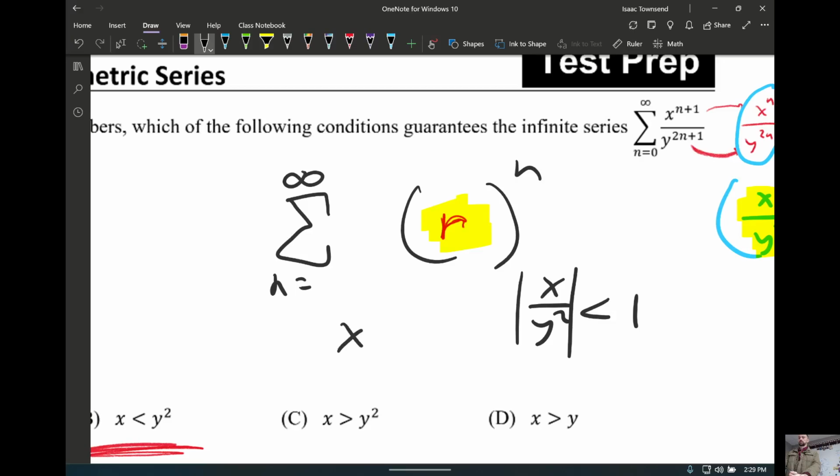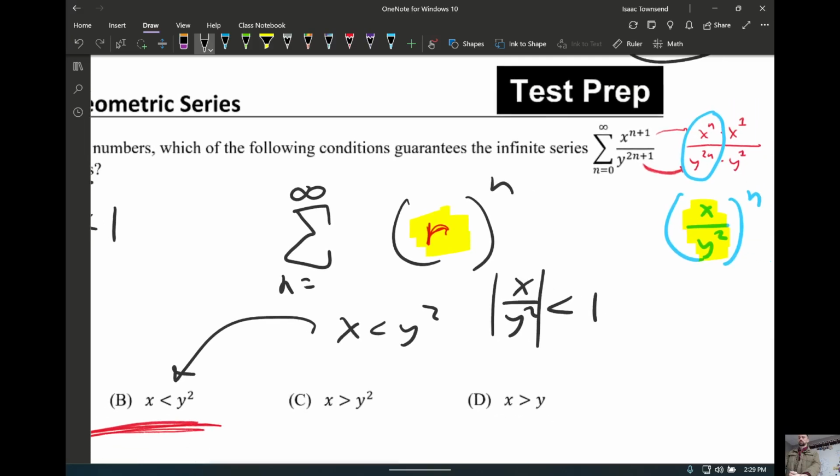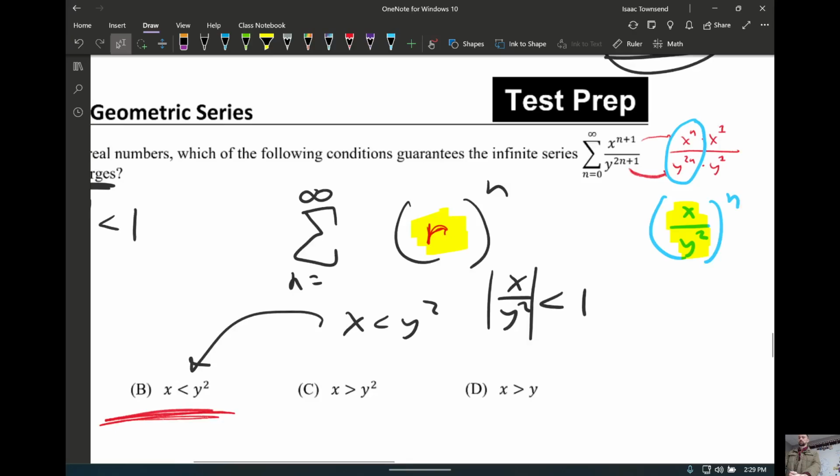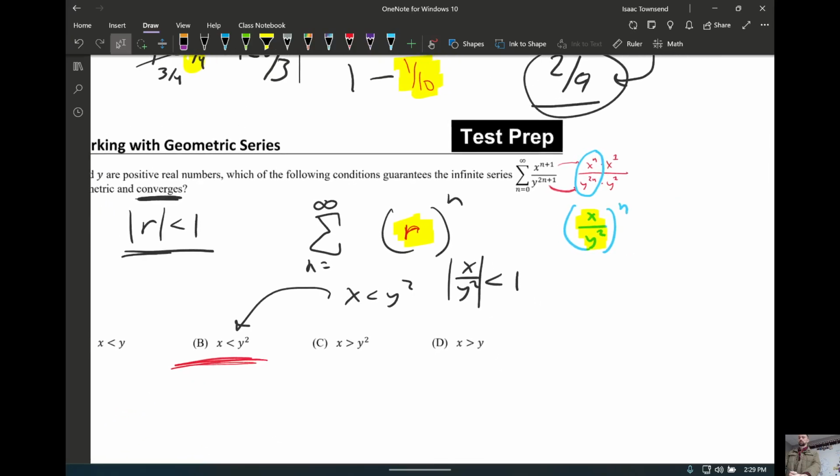And then you can multiply both sides by y squared, and that's where answer B comes from. So definitely harder because it's not numbers there, but make sure that you know absolute value of r is less than 1 is when it converges. If absolute value of r is equal to 1 or greater than 1, that's when it would diverge. And then you need to play with this and rewrite this enough that you can see what r is going to be.